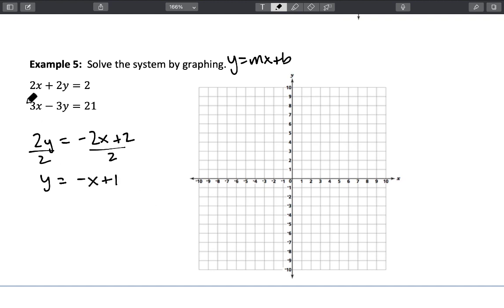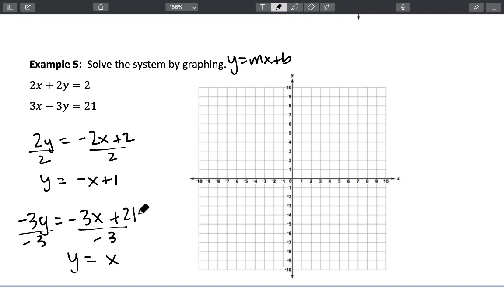So there's one graph. And our next one here, we have 3x minus 3y equals 21. So we're going to subtract over that 3x. That gives me negative 3y is equal to negative 3x plus 21. And divide both sides by negative 3. All right, that gives me y equals negative 3 divided by negative 3 is a positive x.